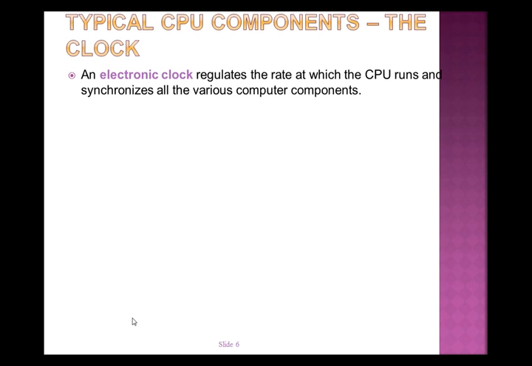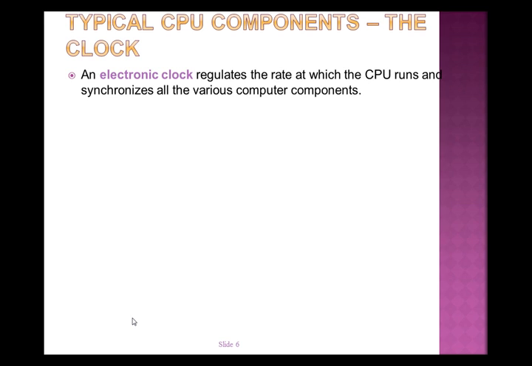Electronic clock means that it is available with the help of the computer, that is, in E terms, the electronic clock. It regulates the rate at which the CPU runs, means it gives the performance by which the CPU, the central processing unit, runs and synchronizes.